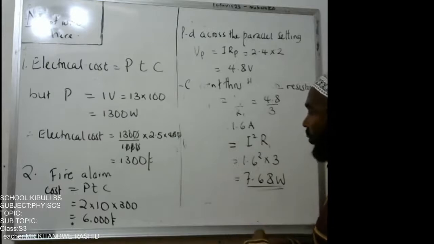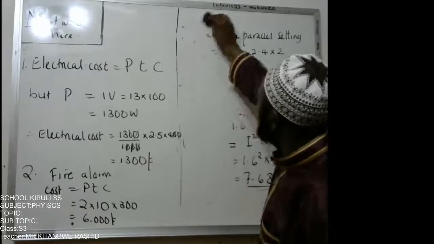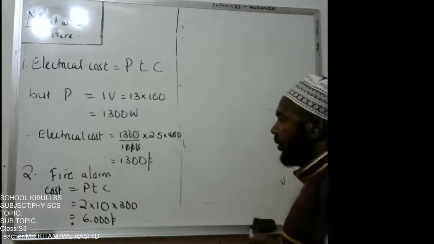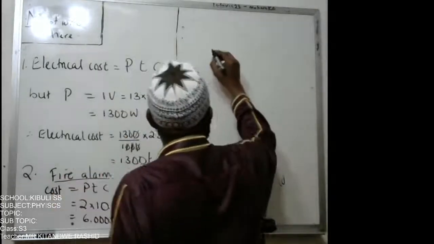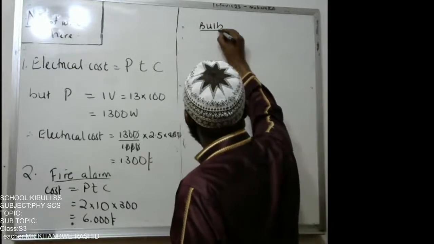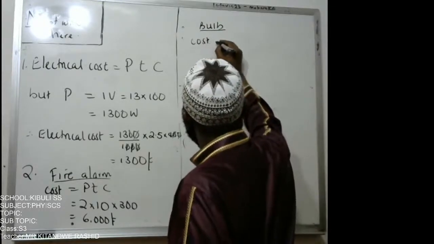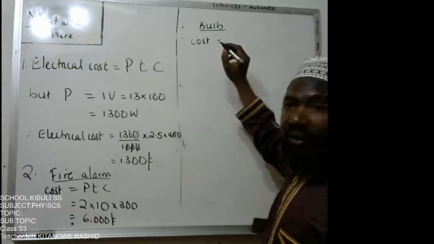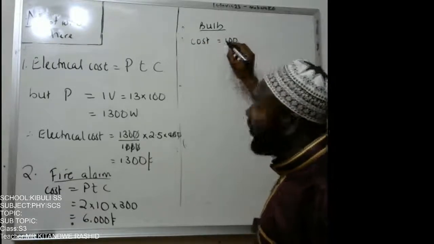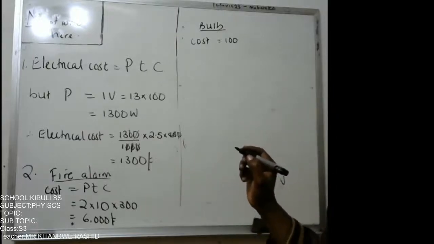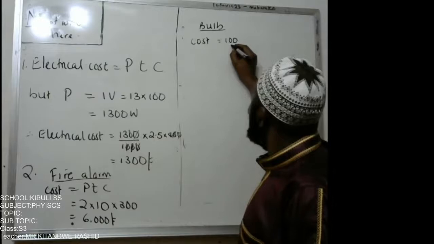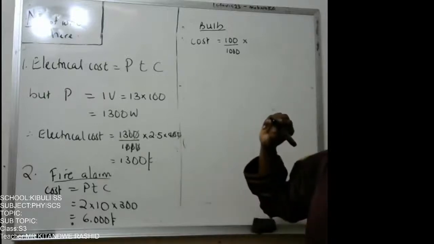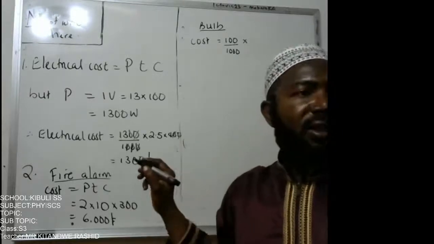Now let's deal with the bulb. Cost is PTC, equal to 100 divided by 1000, since it's 100 watts and we have only one bulb, times 10 hours each day.